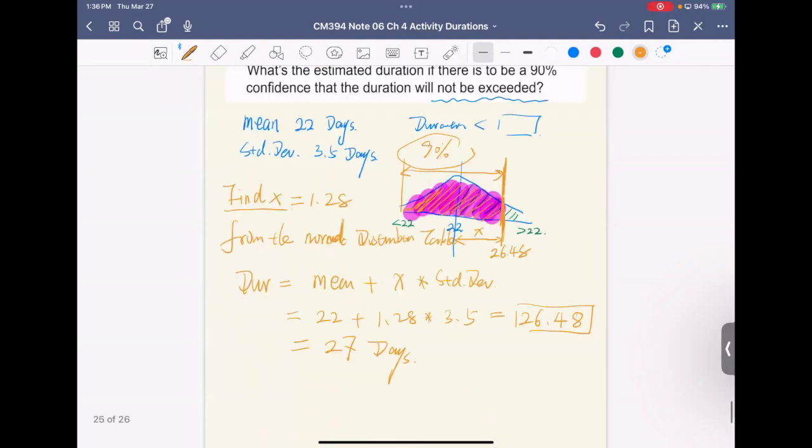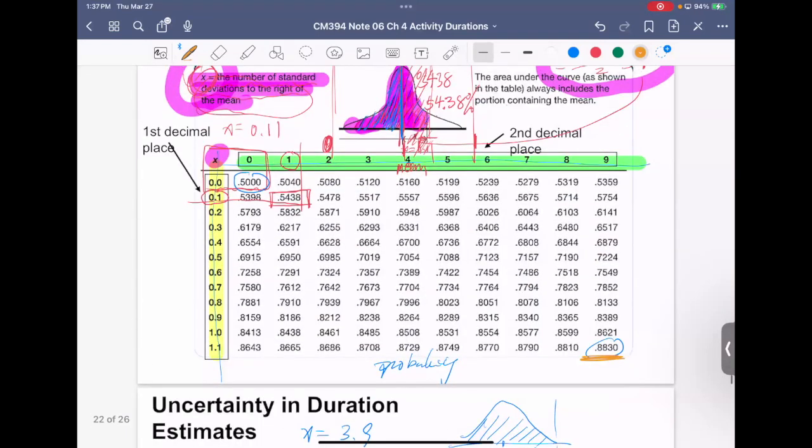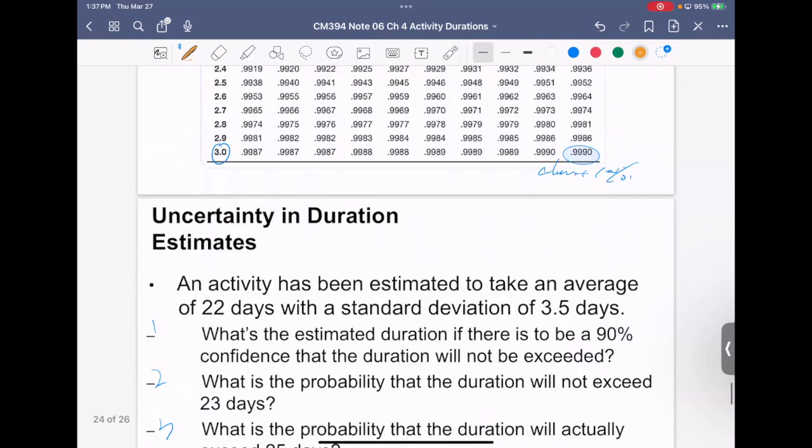Okay, x is equal to 0.28 from this table. 2 is here, 8 is here, and you can draw a clear number here, which is 16.103, right? So this is your answer, okay? 16.103 percent.